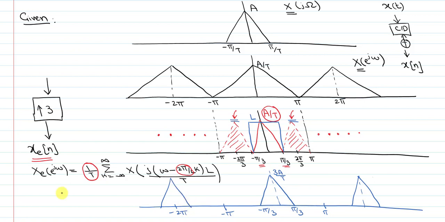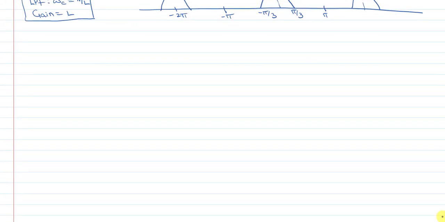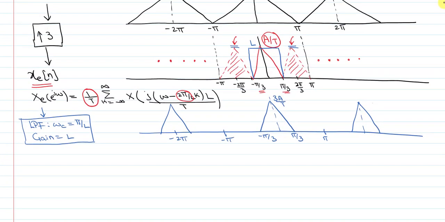Okay. So what this is saying is that if I actually do a low-pass filtering with a cutoff of pi by L and gain equal to L, then I actually get back a sequence x_i[n], which is going to behave as if I had taken my original signal and sampled it with a period of t over L. Okay.